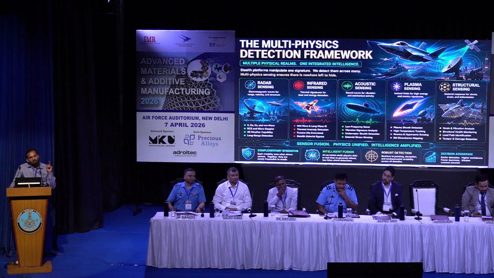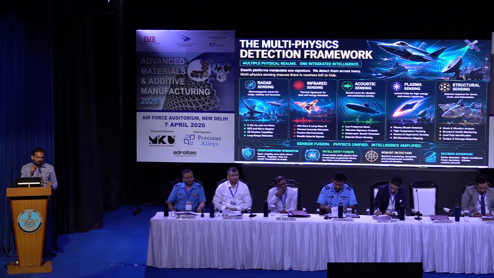Because when a ballistic missile enters the atmosphere, it creates a plasma around the missile. And that plasma can deflect electromagnetic waves, because we sense everything by the electromagnetic field. So when this electromagnetic field hits the plasma, the plasma either scatters, absorbs, or deflects it.